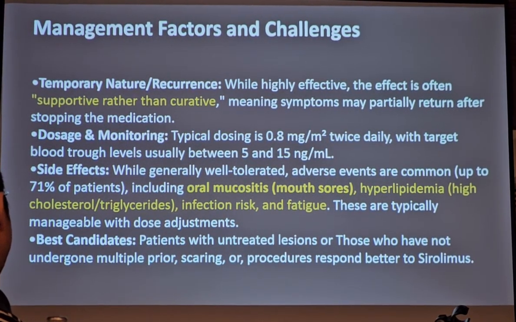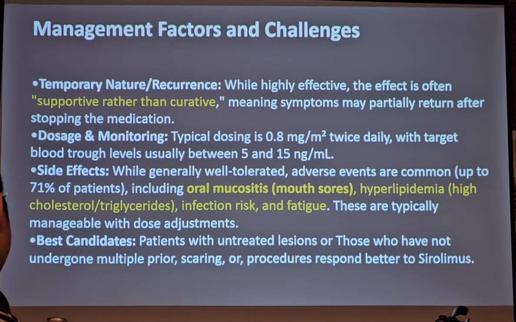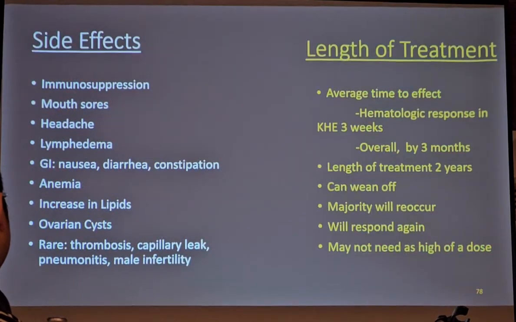So nowadays what we know about this medication is that it seems supportive rather than curative for the lesion, with very few side effects, including oral mucositis and this group of things.